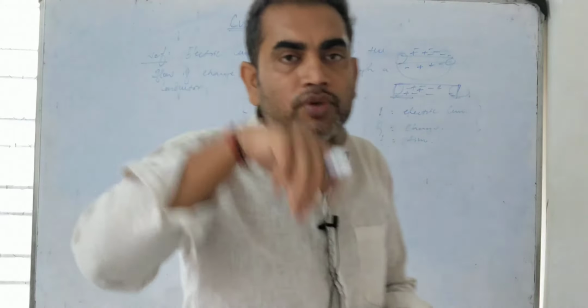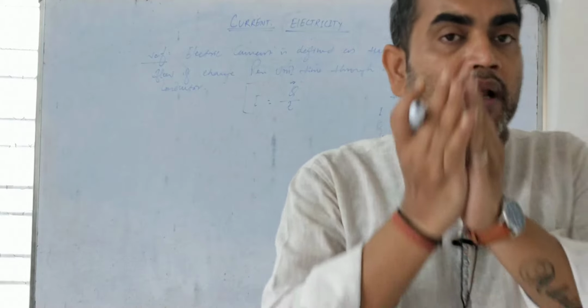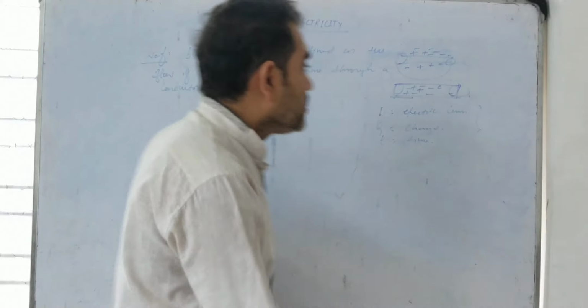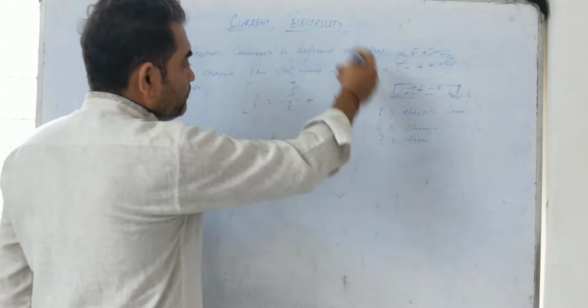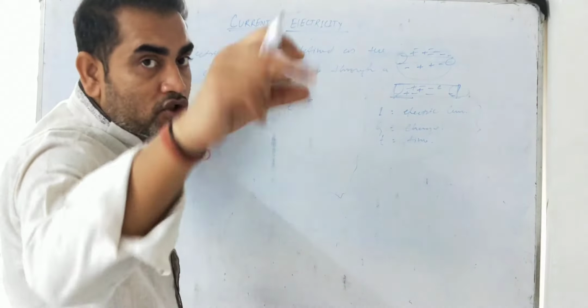If electric current is to be defined in terms of electrons, Q means total charge.